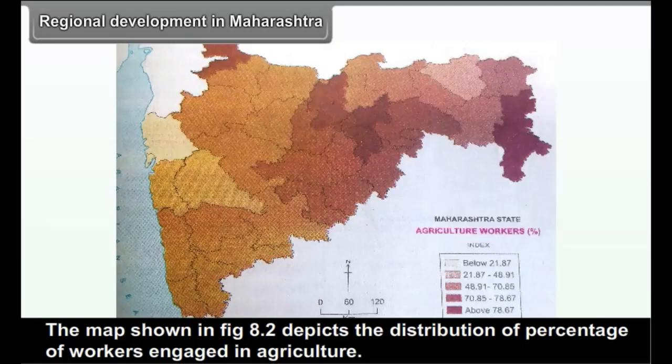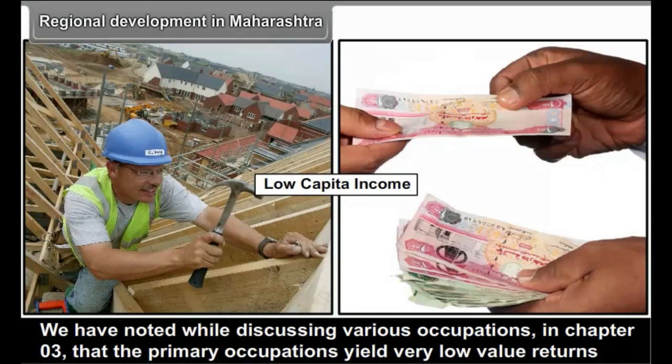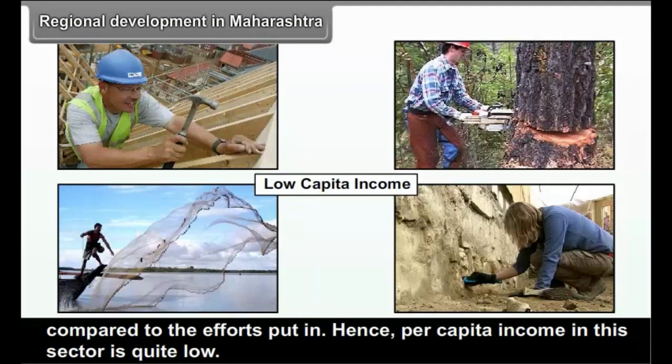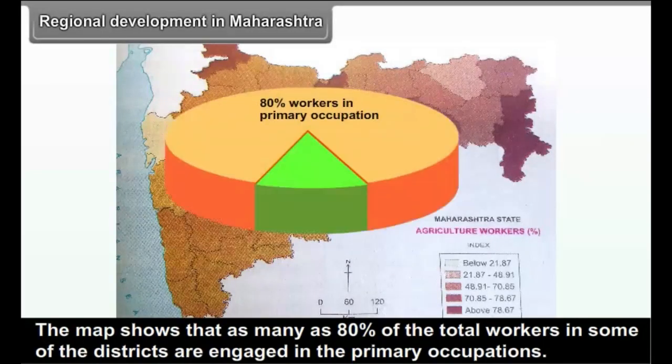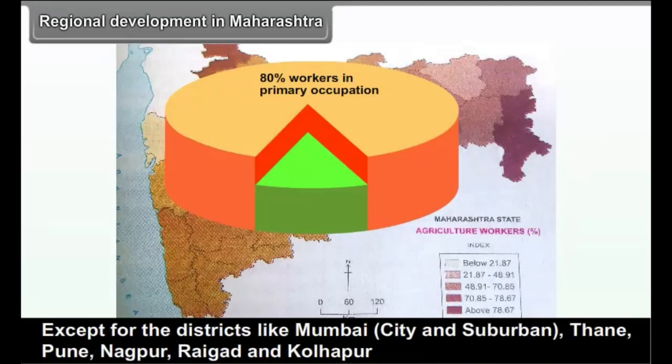The map shown in figure 8.2 depicts the distribution of percentage of workers engaged in agriculture. We have noted while discussing various occupations in chapter 3 that the primary occupations yield very low value returns compared to the efforts put in. Hence, per capita income in this sector is quite low. The map shows that as many as 80% of the total workers in some of the districts are engaged in the primary occupations.